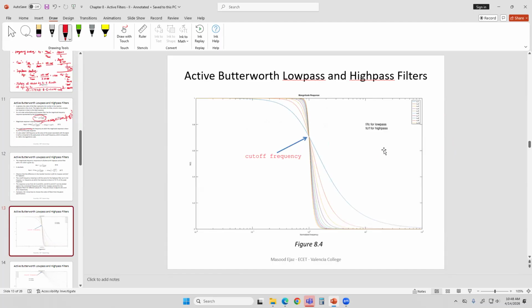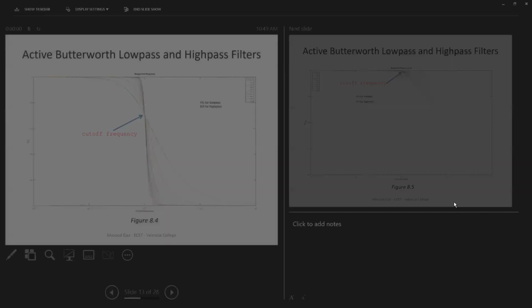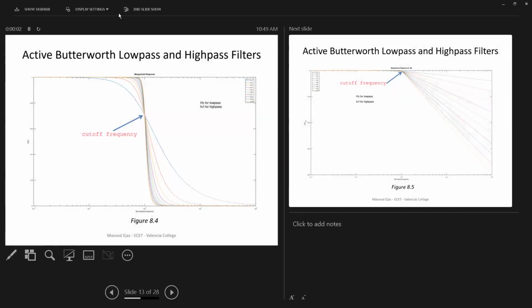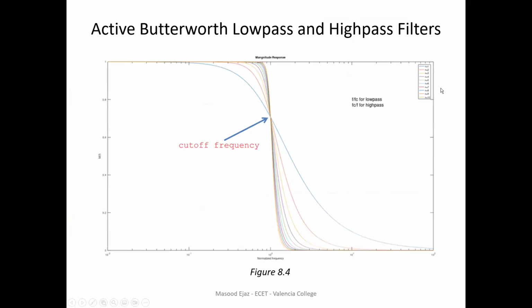This is for multiple values of n. It's hard to see, but I'm going from n equal to 1 all the way up to n equal to 10. The cutoff frequency is where the response is 0.707.